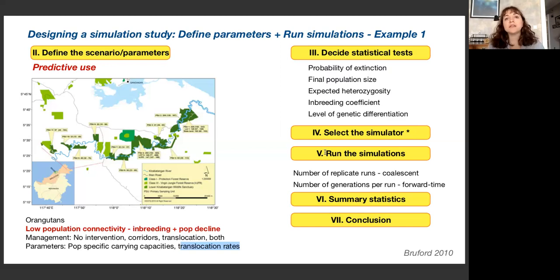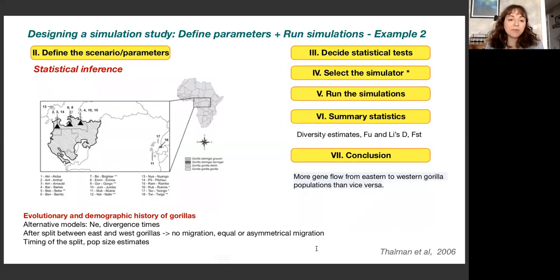After deciding this, we run the simulations, calculate the summary statistics, and reach a conclusion. In that study, their conclusion was that to protect this species, combining migration corridors and translocation was the best way.